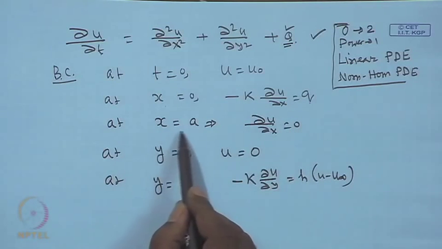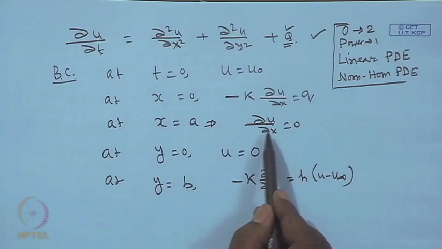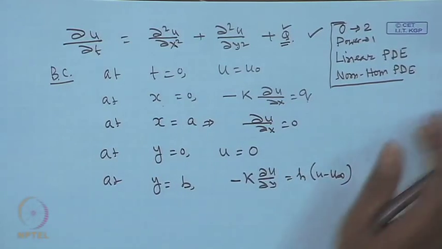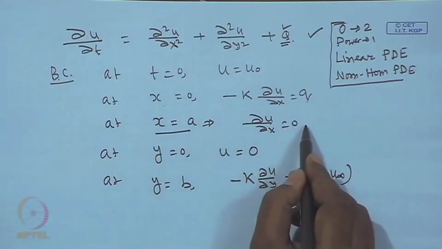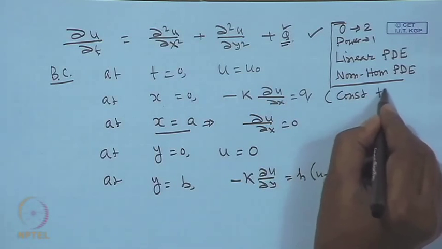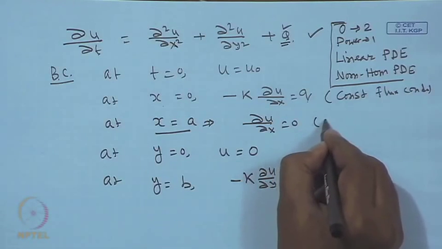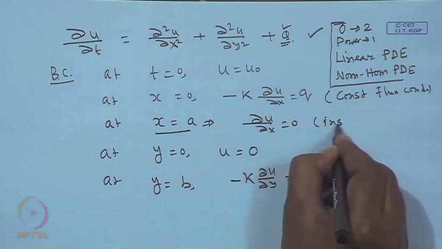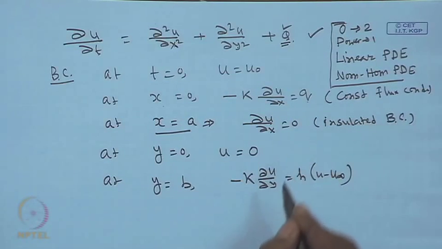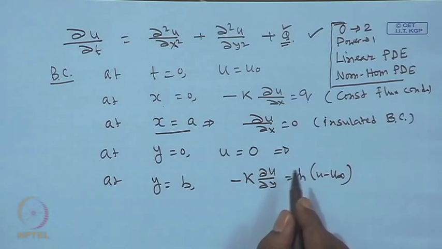And at x = a, ∂u/∂x = 0, that means the boundary located at x = a is insulated. So, this is a constant flux condition, and this is an insulated boundary condition, and at y = 0, u = 0, that means temperature is 0 there.